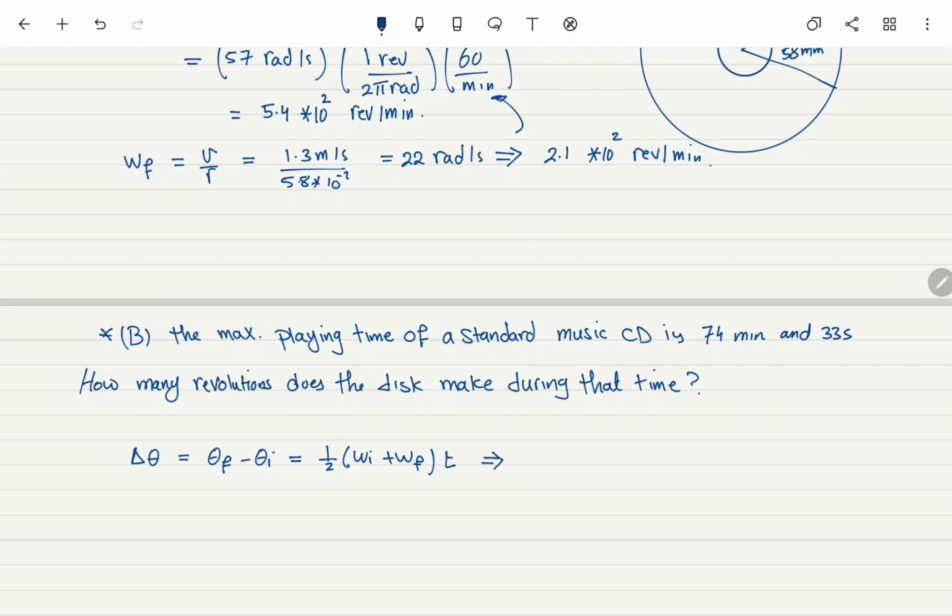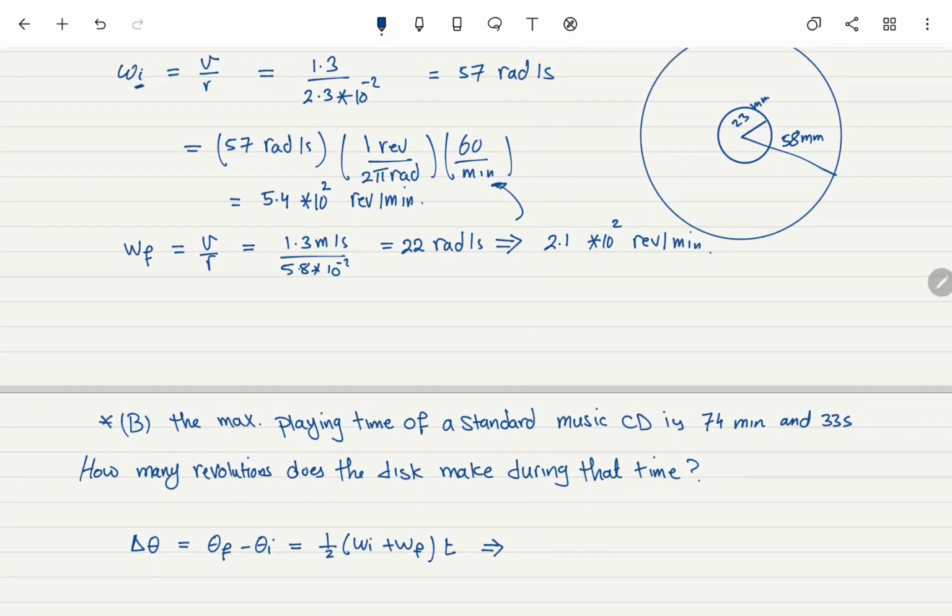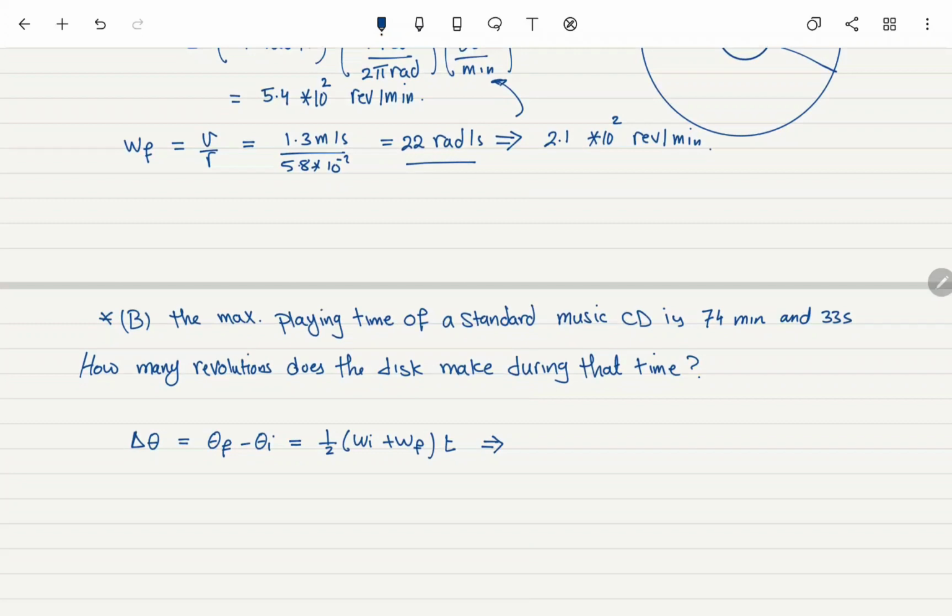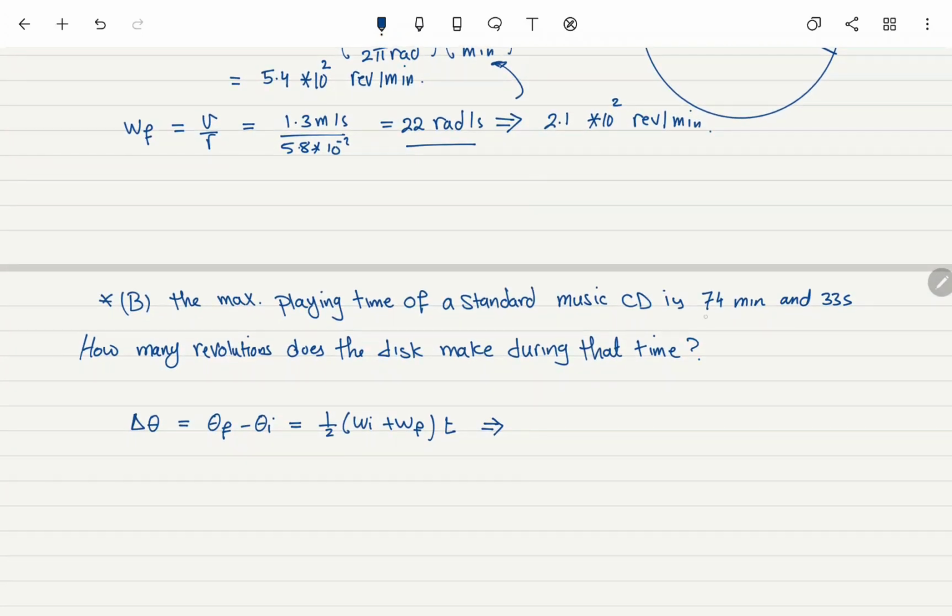Now you substitute numbers. Omega initial, we just calculated this one, is 57 rad per second, and omega final is 22 rad per second here, and t is given.